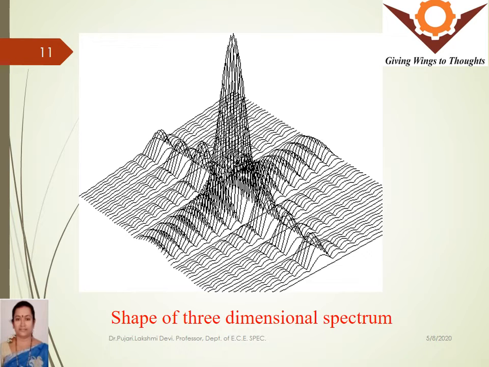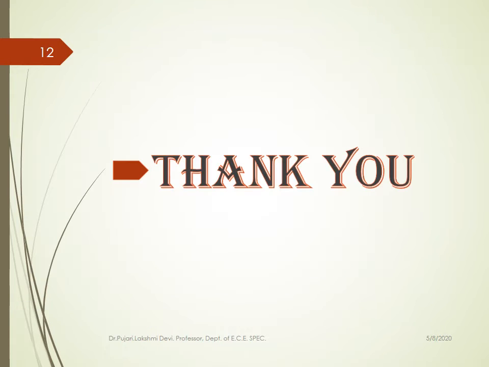Here also we see oscillations showing a peak value as white and a lower value as a valley point as black. You can observe this in the three-dimensional frequency spectrum of the given input image f of x,y, and the Fourier spectrum of that image as F of u,v. So this is a three-dimensional plot of the given input image.